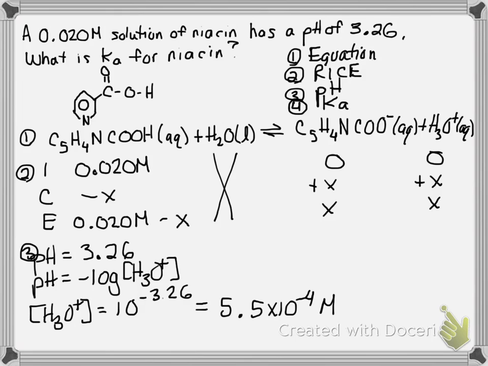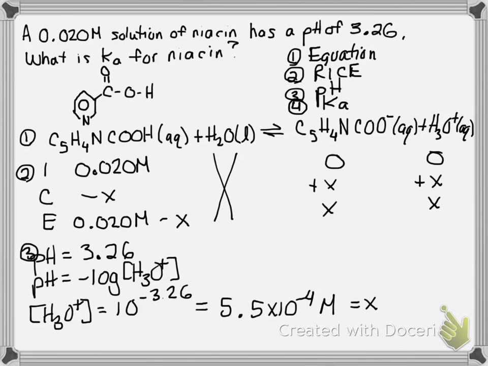This is the equilibrium concentration of hydronium. Because the pH, 3.26, is measured with the pH meter, it's just going to tell you the hydronium concentration at that time that the pH meter is in the solution, which is equilibrium. Weak acid equilibrium occurs very quickly. So you put the pH probe in there, it tells you the pH, that's telling you the hydronium concentration at that time, which is the equilibrium state.